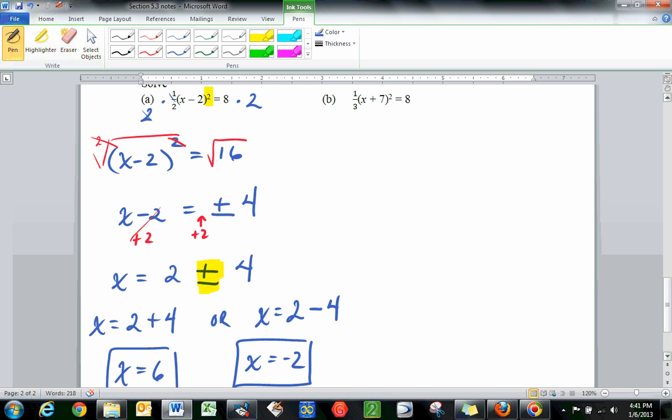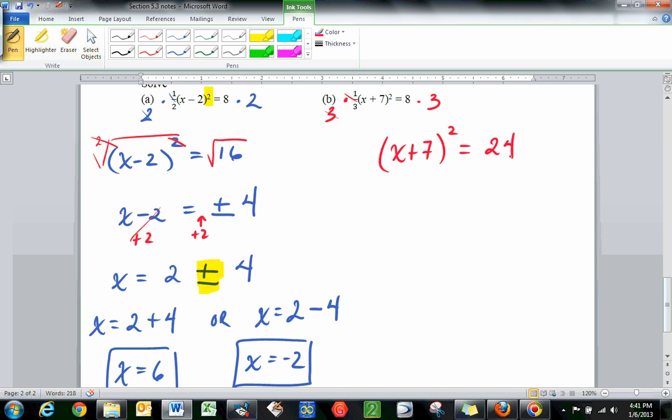Okay, let's move to the next one. Again, we have a situation where we have a fraction that we need to clear. So the common denominator is 3, so we'll multiply 3 to both sides, and that's going to cancel out the fraction, leaving me (x + 7)² = 24.